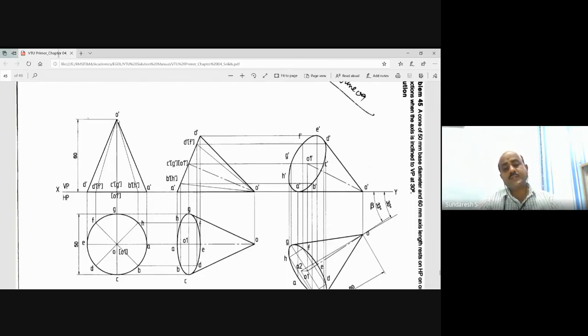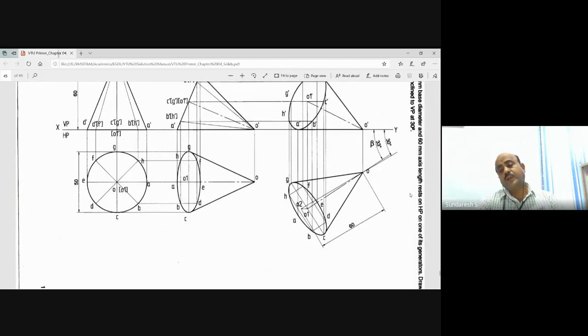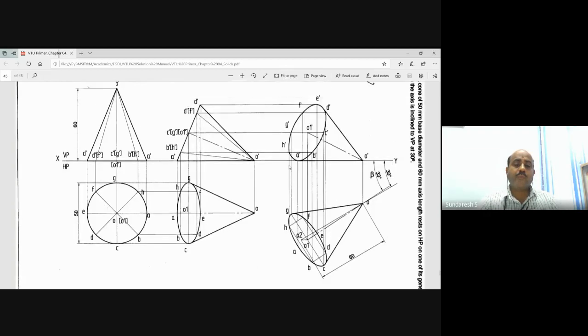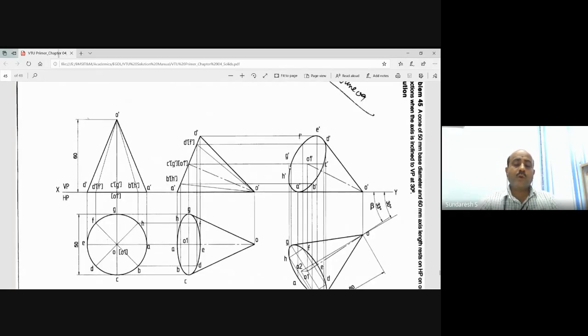Now what it says is resting on HP on one of its generators. So one of the generators is O dash and A dash, or O dash and D dash.